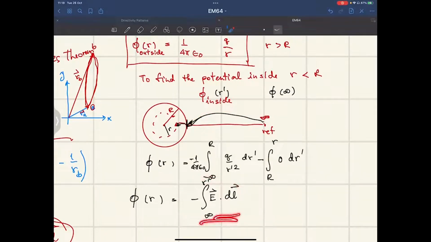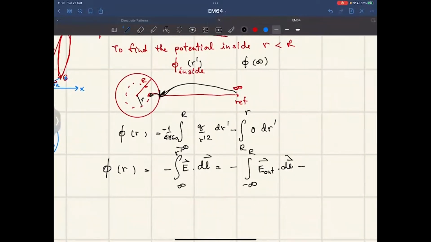And this one can be split into two integrals. It's minus the integral from minus infinity to R of E outside dl, and minus the integral from R to r of E inside dl. E inside is 0, so you have this.